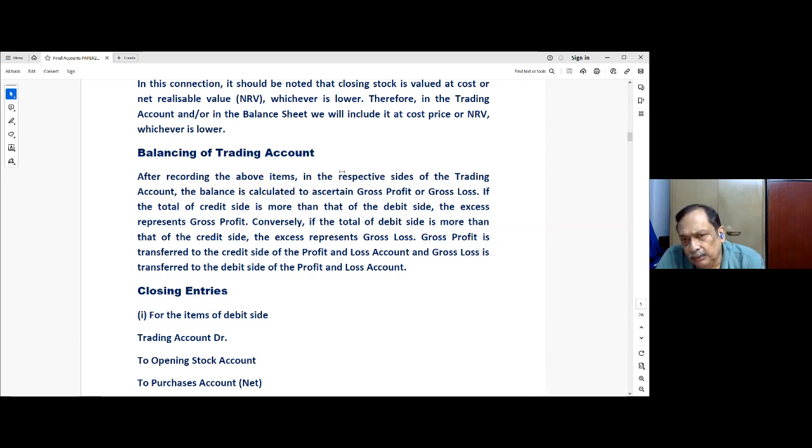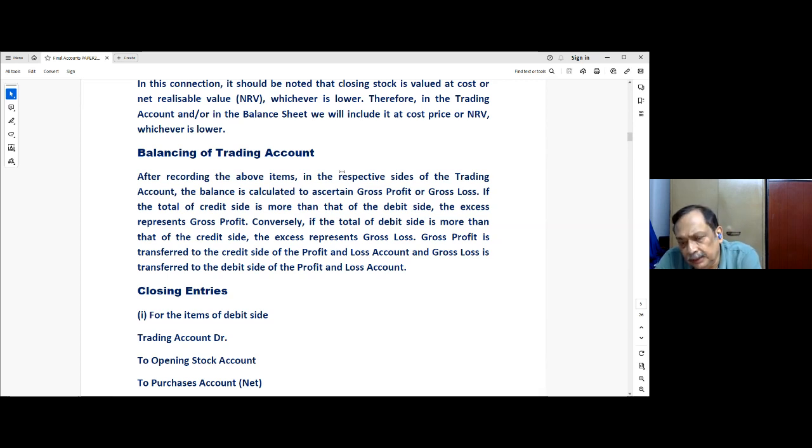Conversely, if the total of debit side is more than that of the credit side, the excess represents gross loss. Gross profit is transferred to the credit side of the profit and loss account, and gross loss is transferred to the debit side of the profit and loss account. Okay, so that is all about your balancing of trading account.